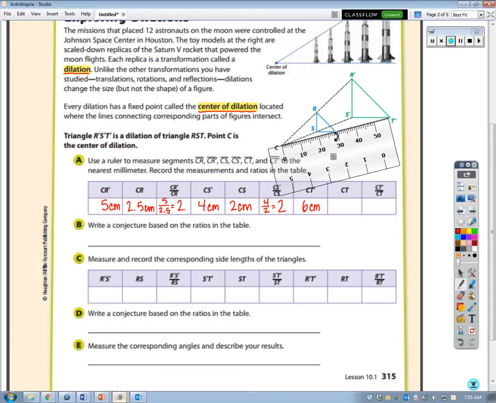Then CT is 3 centimeters, and the ratio, 6 to 3, is 2 simplified. You can notice that my ratios here are all the same: 2, 2, 2. Now, write a conjecture based on the ratios in the table. Well, I think that's going to represent my scale and my distances, so something along the lines of the ratios are all equal to 2.